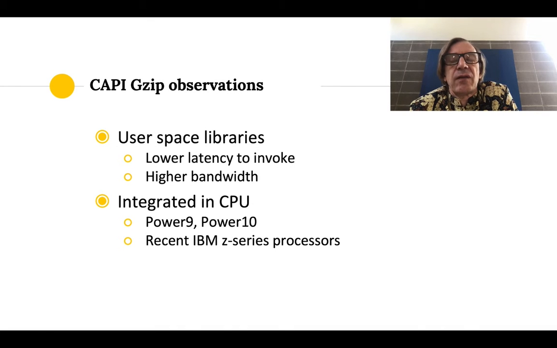Indeed, by leveraging the CAPI protocol, the Gzip accelerator was able to improve real applications, due to a lower latency to invoke the accelerator, and of course the higher bandwidth, and less load on the host CPUs. The accelerator has since been integrated on Power and IBM Z-series processors.